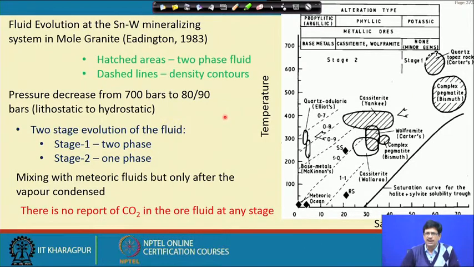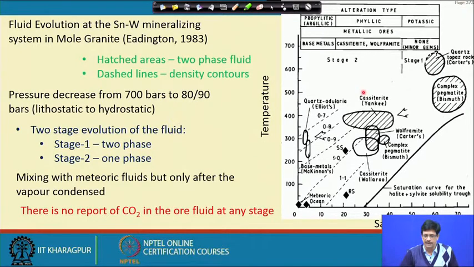Although there are many other such situations where the transportation and deposition are involved. So, in this case, it is the deposition of cassiterite, tin, which gets transported in a condition where it is in Sn2+ form, where the condition is supposed to be reducing, and then it has to encounter a different condition. Those kinds of reducing conditions are sometimes ascribed to the presence of a carbonic component in the fluid, which is not observed in this particular case of Mole granite.